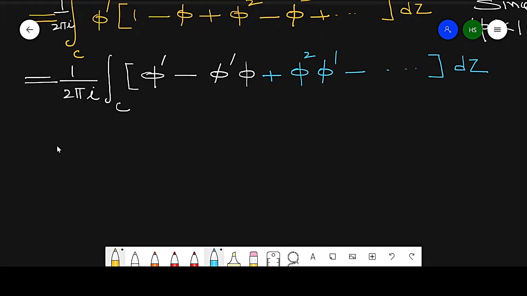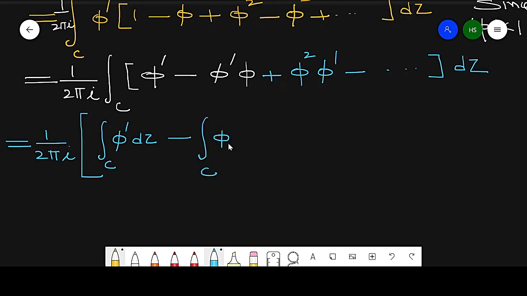So individual term means this is equal to 1 by 2 pi iota bracket: the integration over C of phi dash dz, first term, minus the second term, which is the integration over C of phi into phi dash dz, and the third term, which is the integration over C of phi into phi square phi dash dz, minus so on up to infinity.